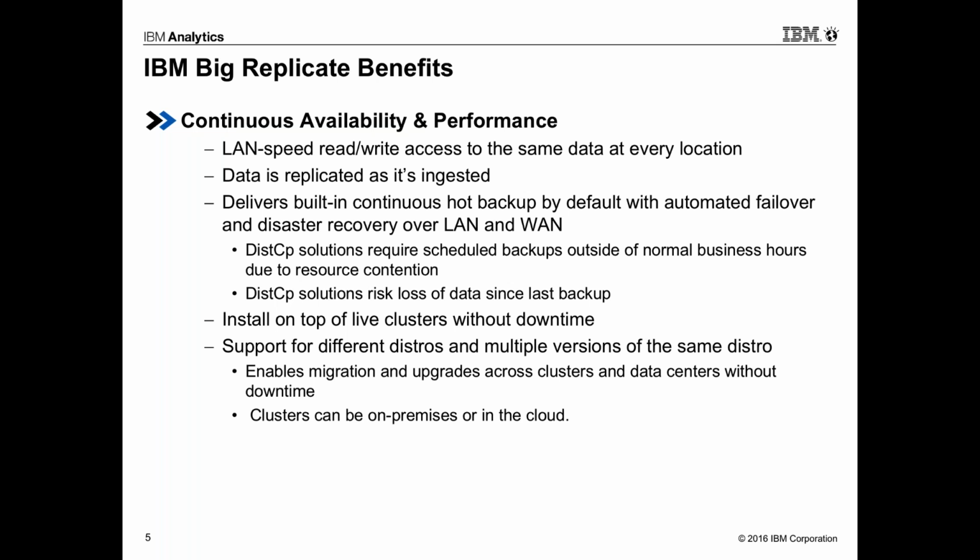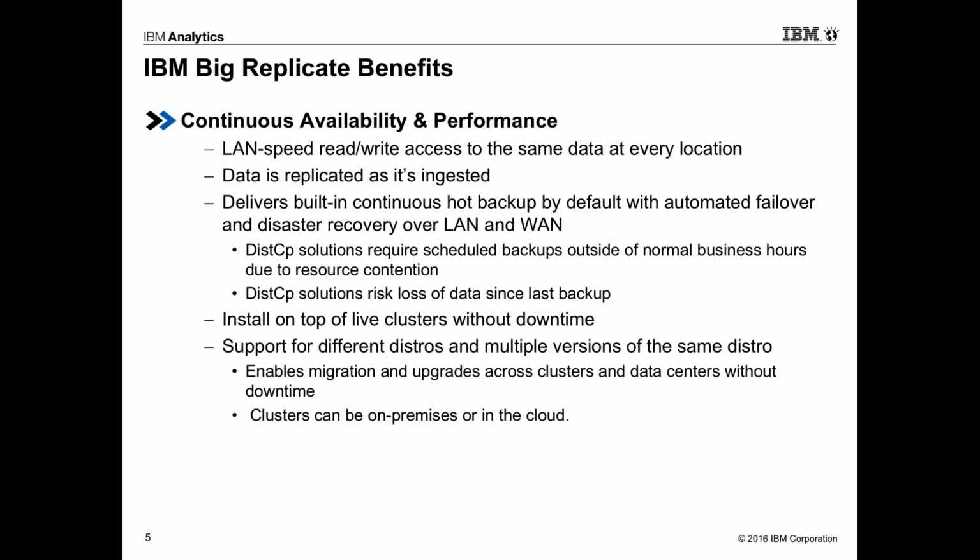So let's talk about the benefits associated with IBM Big Replicate. First of all, continuous availability and performance. With the explosion of data, many multinational companies have data centers across the globe, and data replication has become a challenge, whether it's Hadoop or any other storage option.